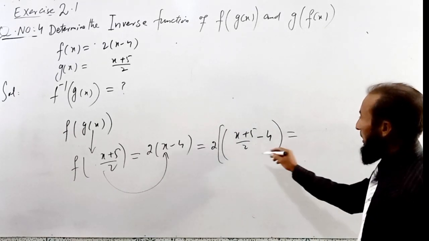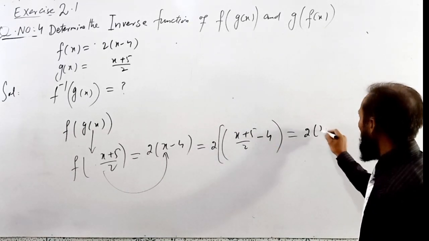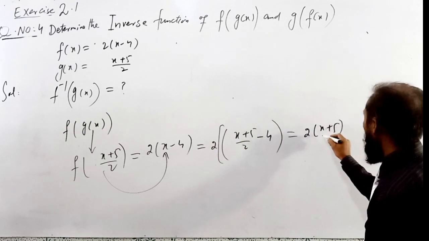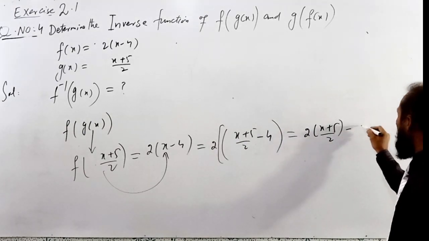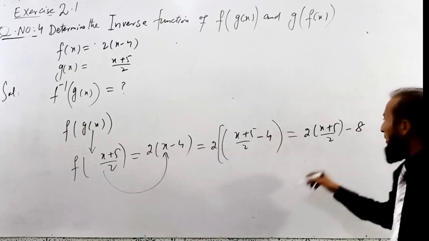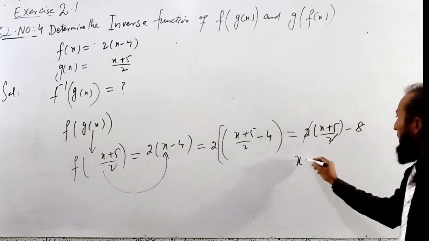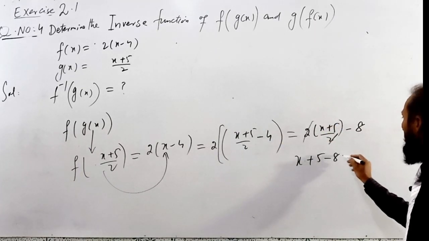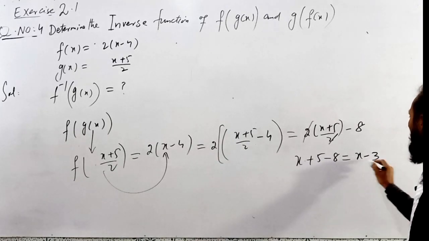Now if we multiply, 2 multiplied by 4 cancels. So x plus 5 minus 8, we get x minus 3.